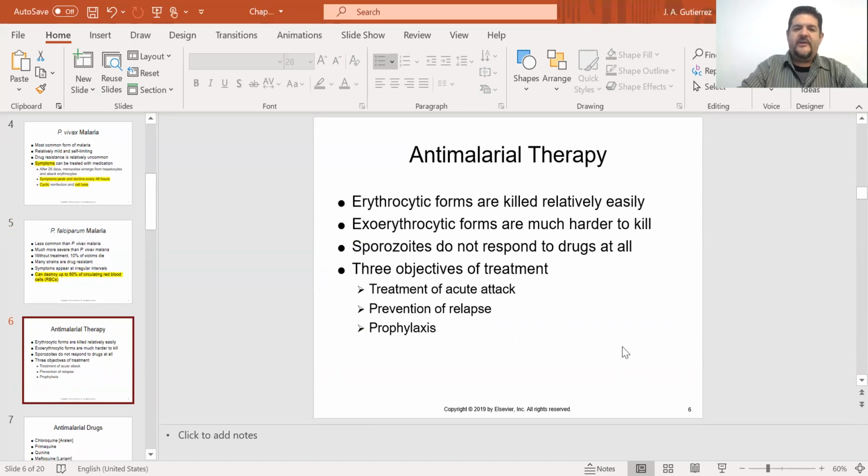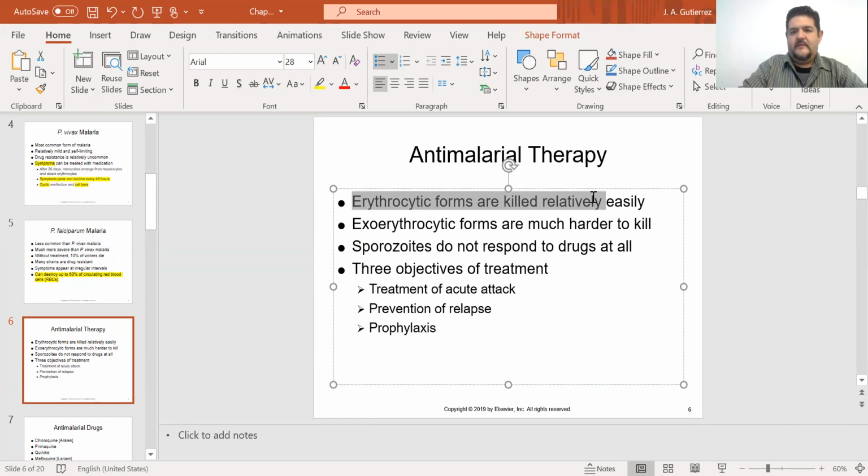So, like I was telling you, regarding the life cycle of this parasite, it is inside and outside the red blood cell. When the parasite is inside the red blood cell, that's when they are easier to kill, versus when they're outside, the exoerythrocytic form, which is harder to kill.